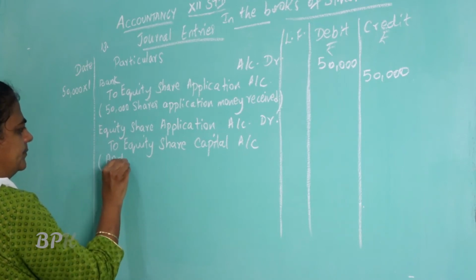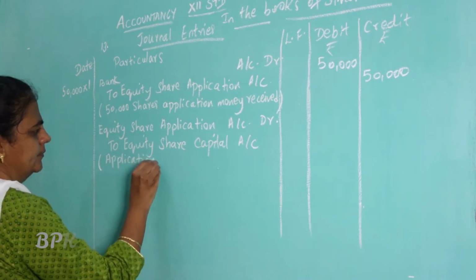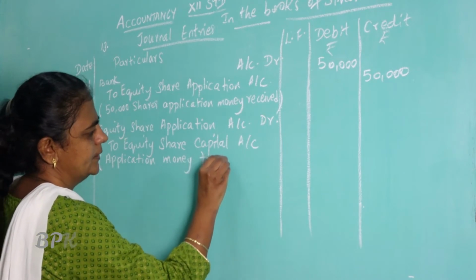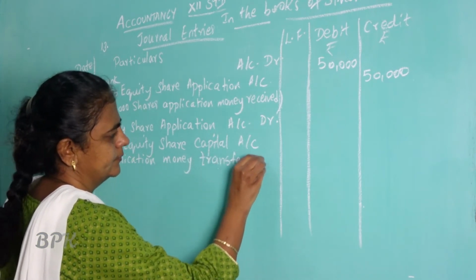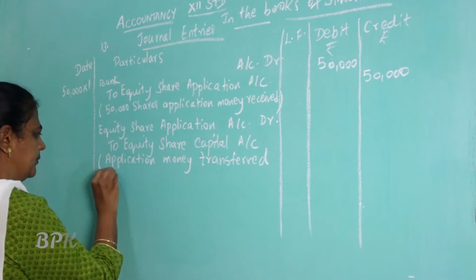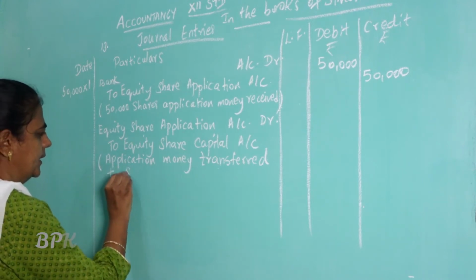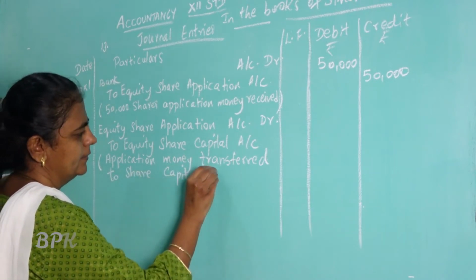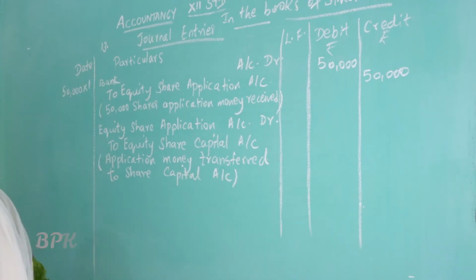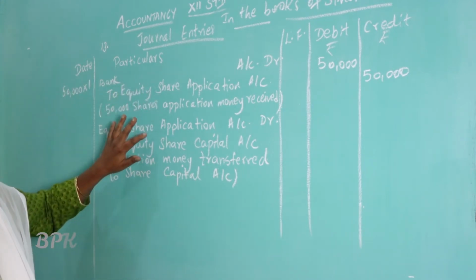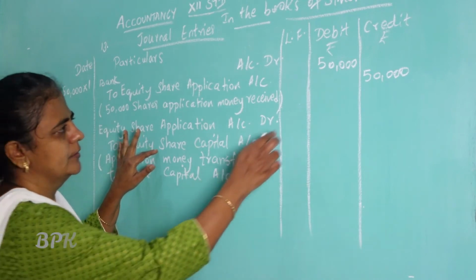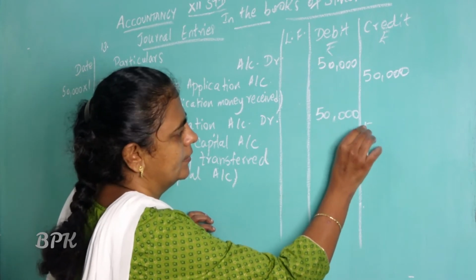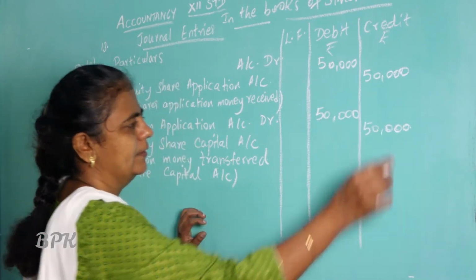Application money transferred to share capital account. This application money we have to transfer to share capital. So fully they are paying. So write 50,000, 50,000.